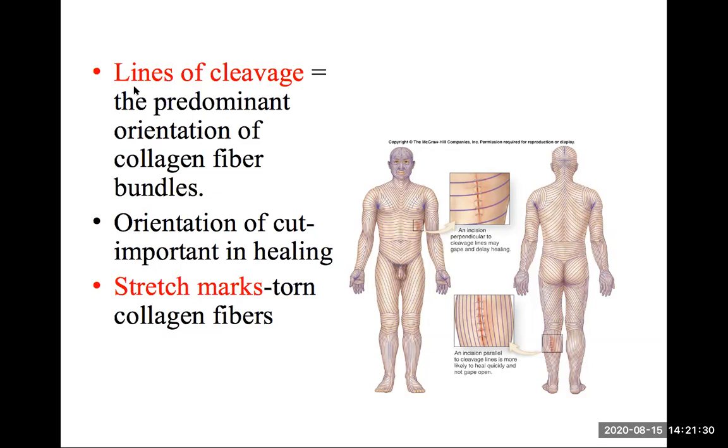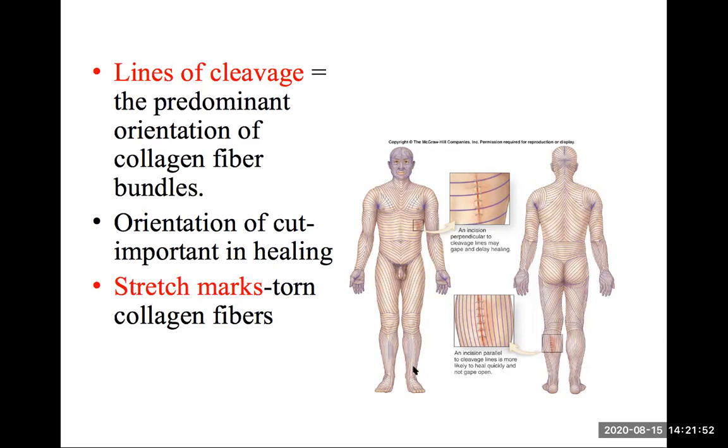Okay, so this term lines of cleavage refers to the predominant orientation of collagen fiber bundles. So how do these collagen bundles all line up? They tend to line up together. Look at the human body. We can actually map out these lines of cleavage, and they're different in different areas of the body.